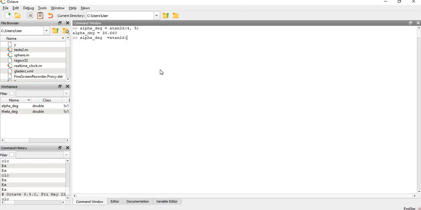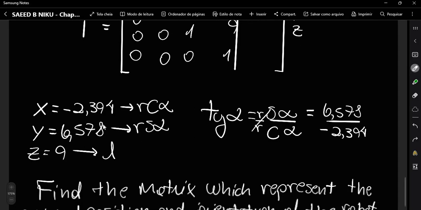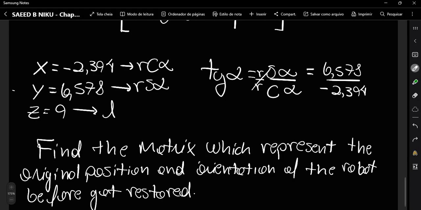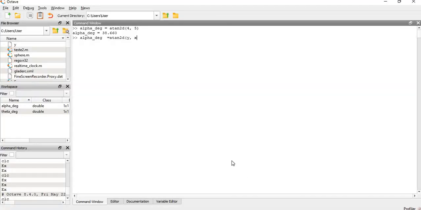Right here again is y and x. So let's see, y and x. So it is 6.578 and right here is minus 2.